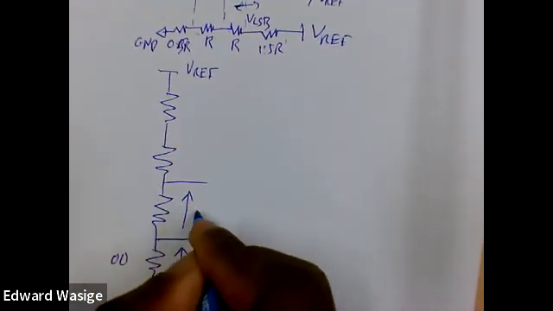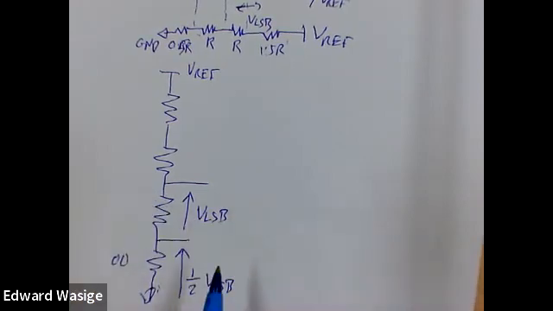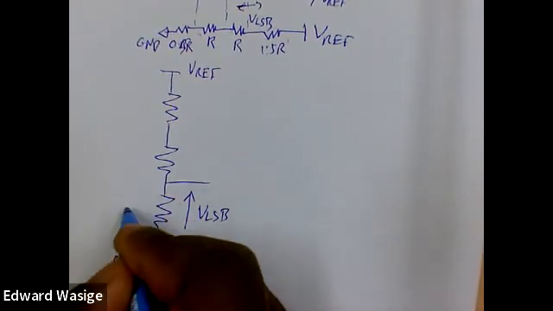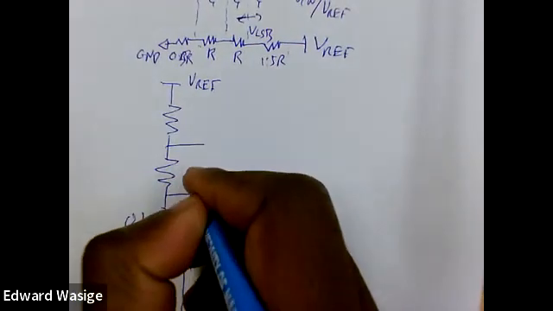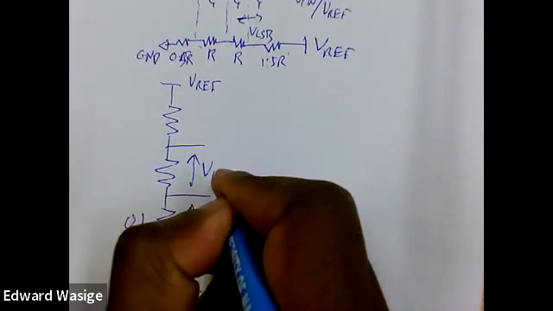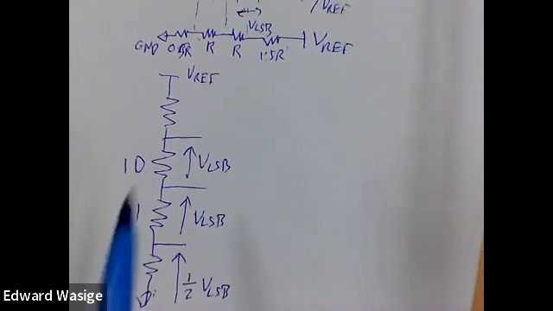And in that range, the voltage drop is VLSB. And if the input signal is in that range, the output should be 01. And in that range, it's VLSB also. And if the voltage is in that range, the output should be 10.